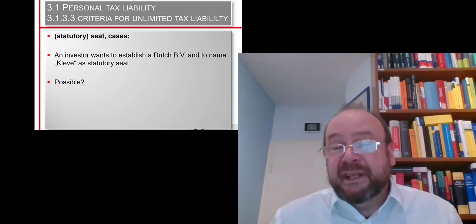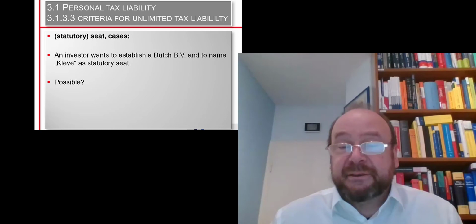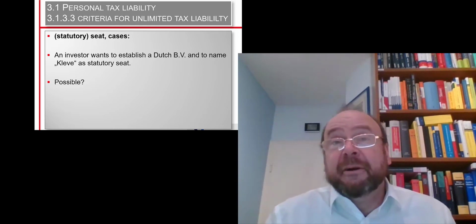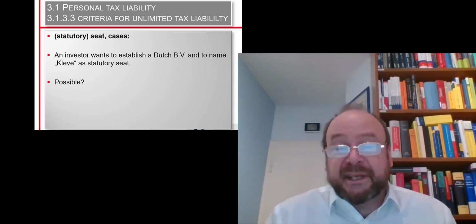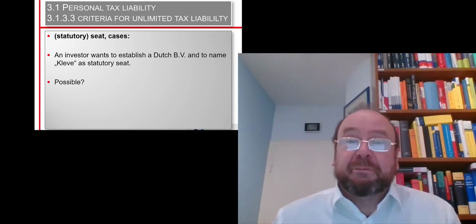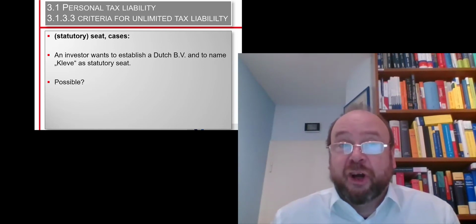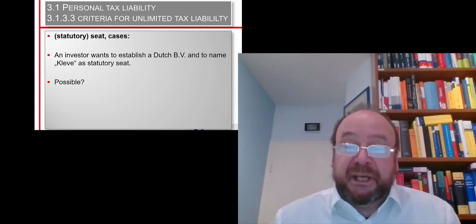So you will never be able to establish a Dutch BV with a registered office or a statutory seat at Kleve, because if the statutory seat at Kleve is chosen, so Germany, then you have to go to a German authority responsible for deciding about juridical persons at Kleve, and the German authority will not apply Dutch law to create a juridical person. They will apply German law to establish a juridical person. So the possible legal form would only be a GmbH and not a BV.